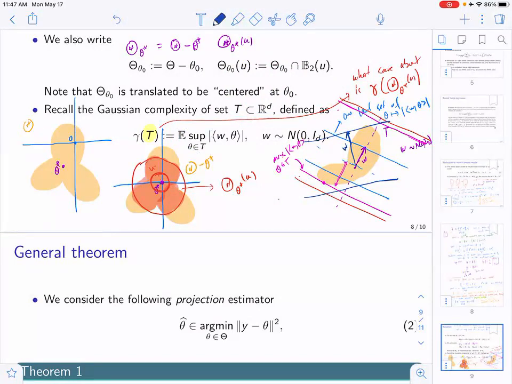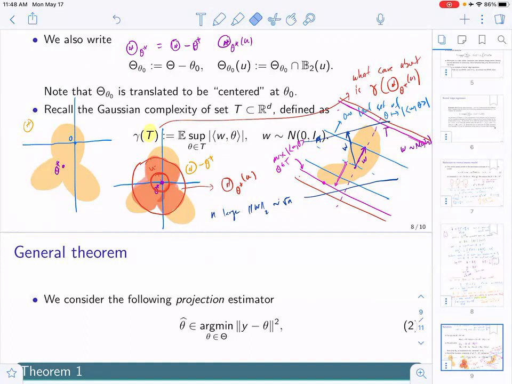And in high dimensions, this should again be n. When n is large, the norm of W is going to be very close to root n. So these are going to be on a sphere of radius root n, and the only thing that matters is the direction. We could have replaced this with W divided by the norm of W. This would be uniform on the sphere, and this is also some other quantity that people consider.